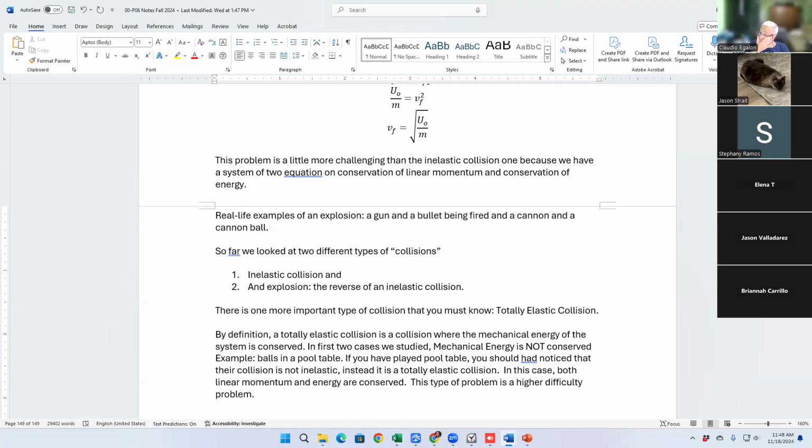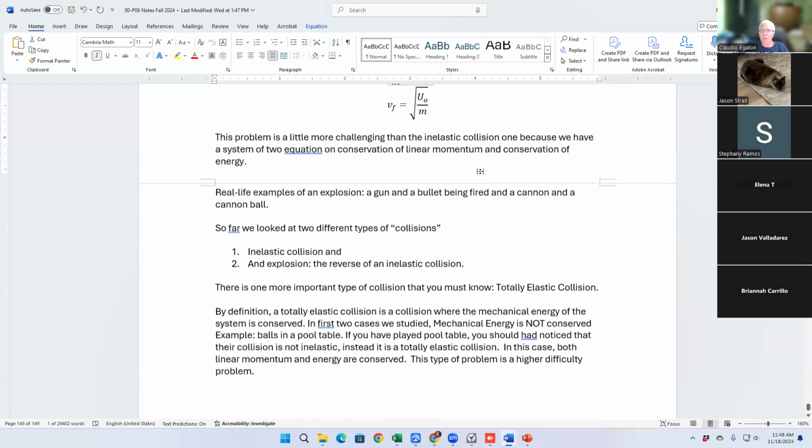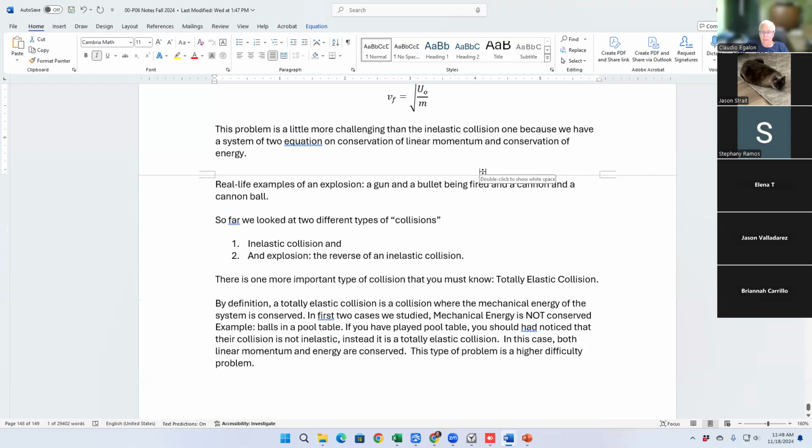I call that potential energy, but it's not exactly potential energy. This thing that I christened as being potential energy is actually energy related to a non-conservative force, because it's an explosion. It's the chemical energy of the gunpowder that's propelling the 2 objects.